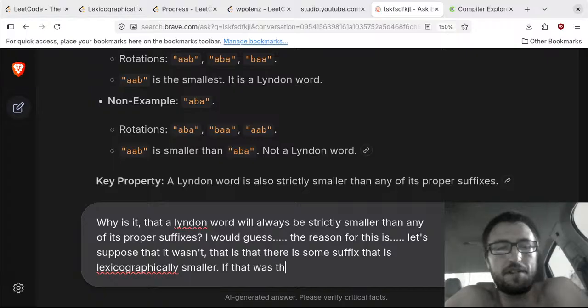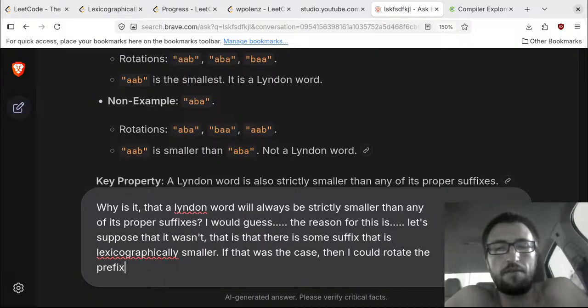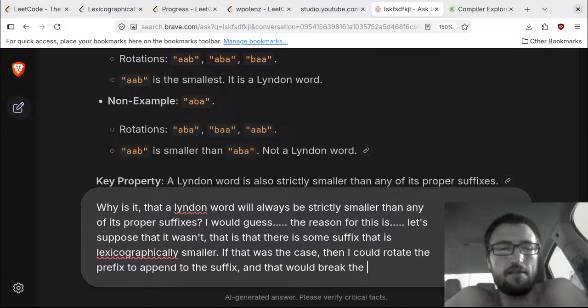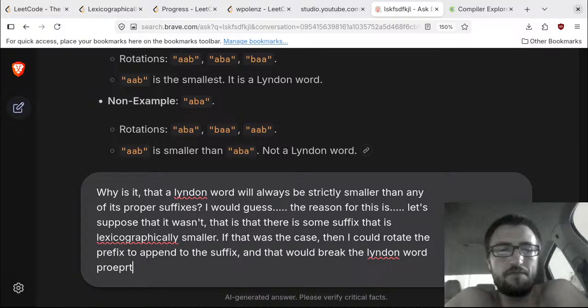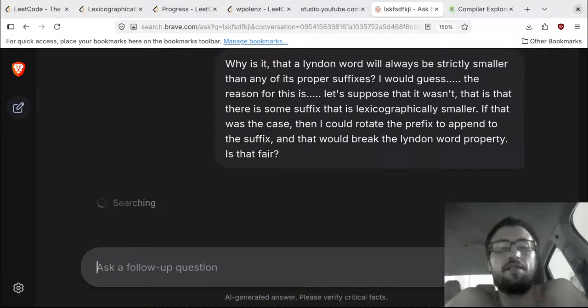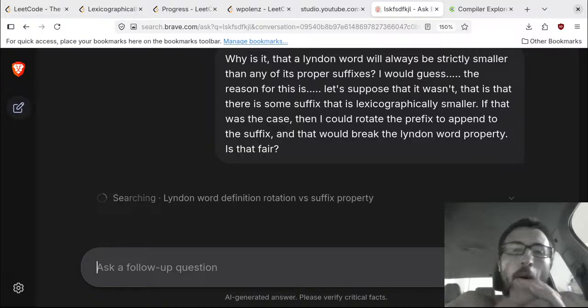If that was the case, then I could rotate the prefix to append to the suffix, and that would break the Lyndon property. Is that fair? I think that's right.